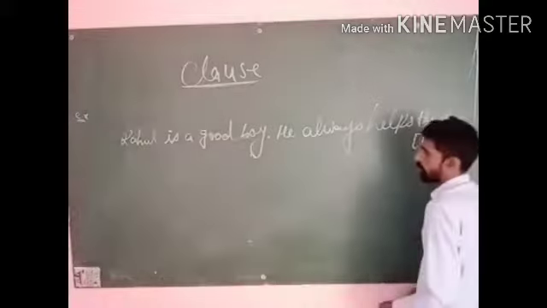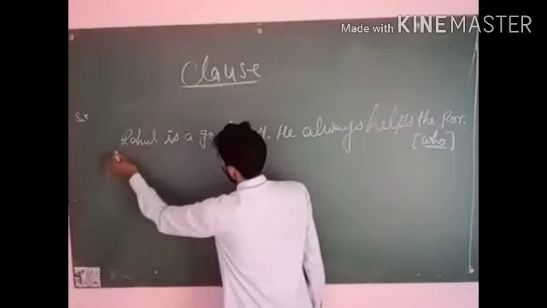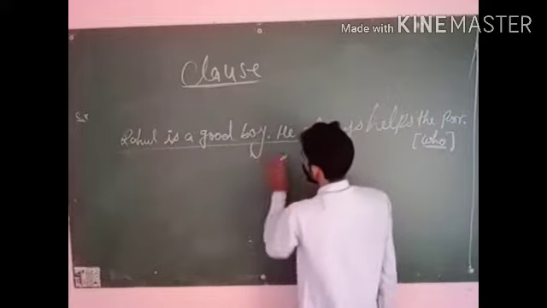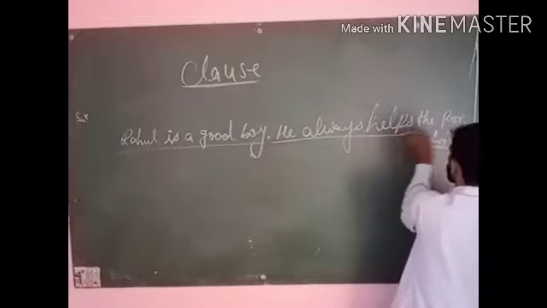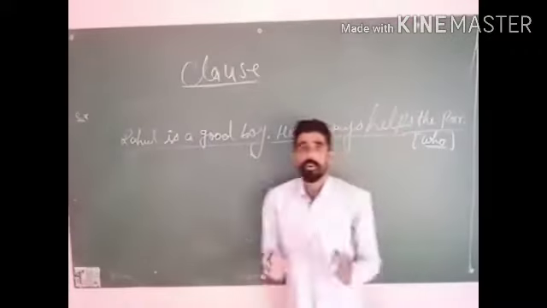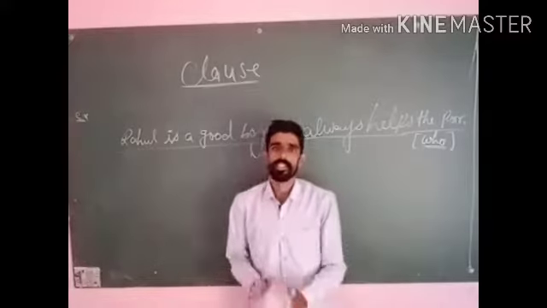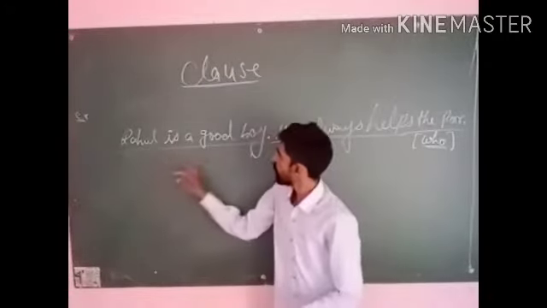First of all, analyze these two different sentences. Rahul is a good boy. Okay, this is the first sentence. He always helps the poor. This is the second sentence. Both these sentences contain clauses. Okay, Rahul is a good boy.